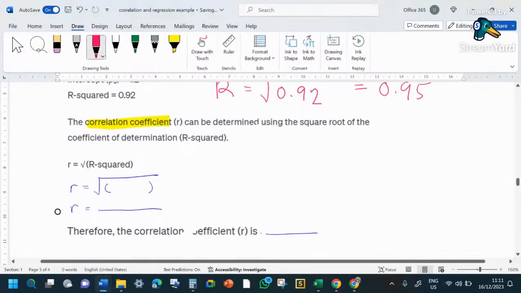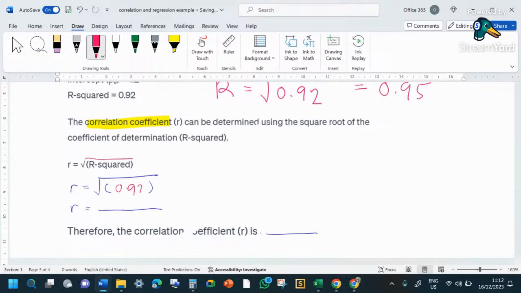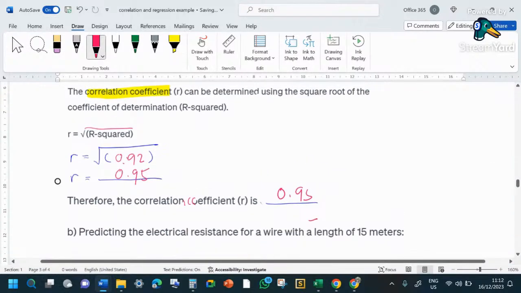So the workings will be R is equal to square root of R square, and R square is 0.92, so R is 0.95. Okay, therefore, the correlation coefficient is 0.95. Okay, what does it mean?